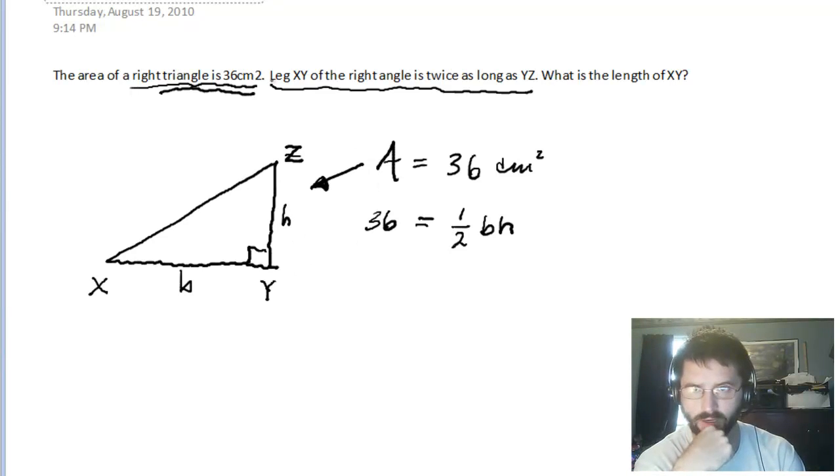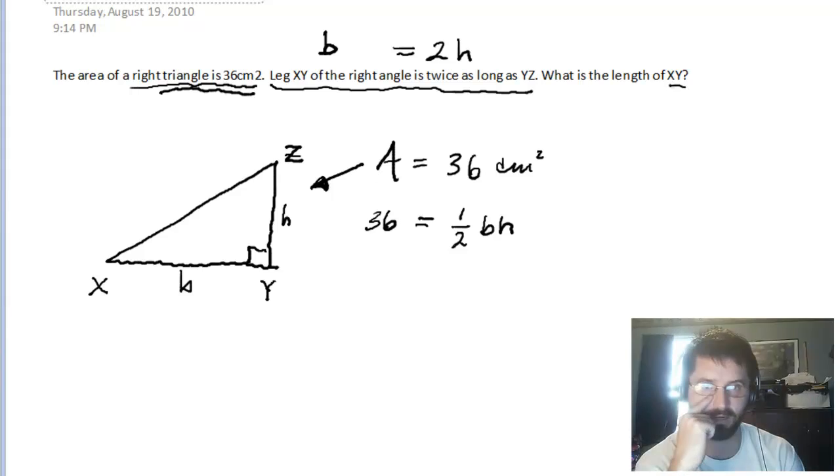So when they say leg XY, that's B, my base. It equals, twice as long as YZ, 2 times H. I'm trying to find XY, which is the base. So I'm going to do substitution here.